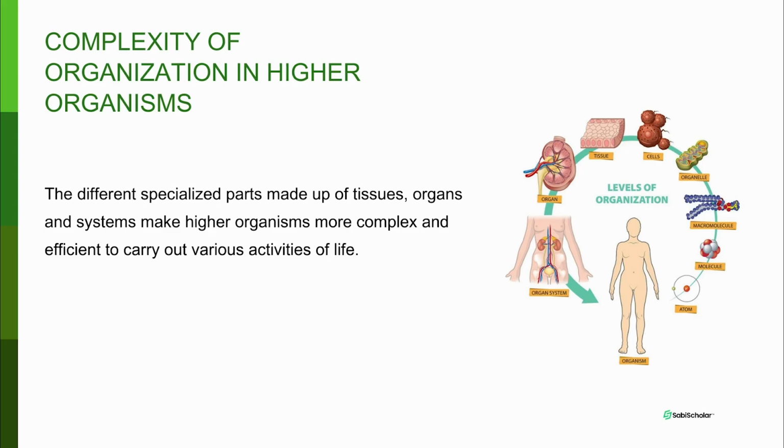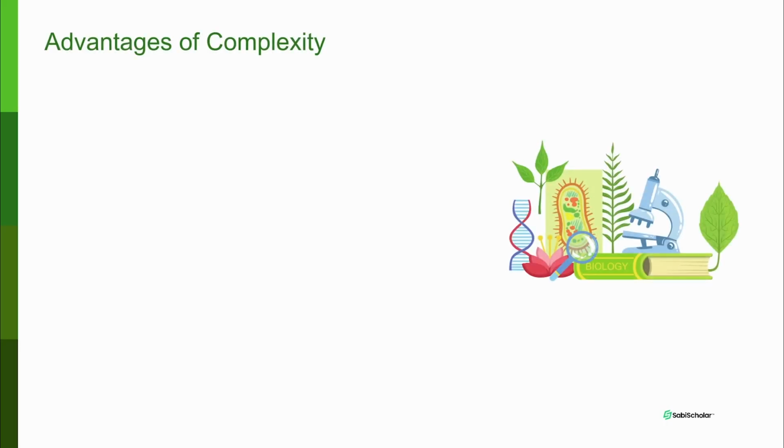Now, these specialized parts make life more complex for the higher organism. This complexity exists in the form of structure, function, activity, behavior, and sometimes the entire mode of life of the organism. In comparison to the unicellular organisms, there are advantages and disadvantages of this complexity.